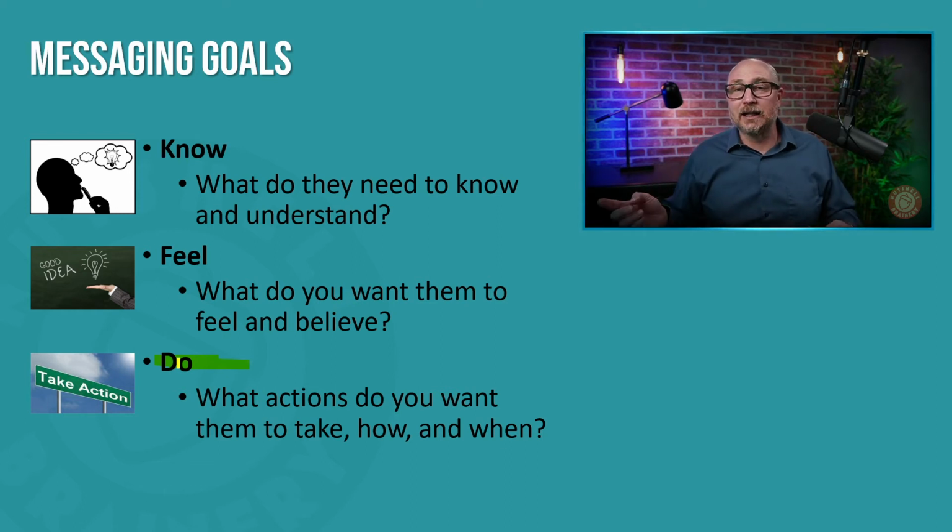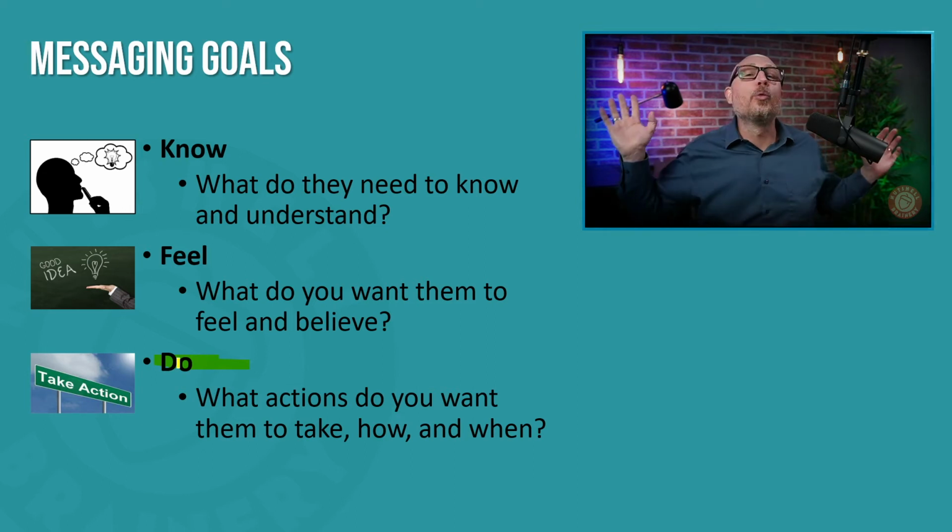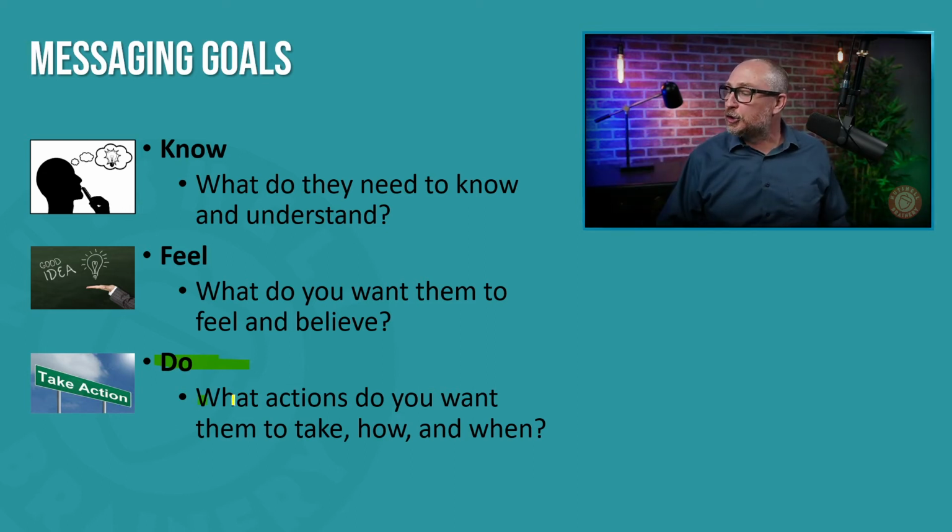Maybe you want your audience to sign up for benefits at work, go to a work party, or exercise better safety practices on the job site. What do you want your audience to do? What actions do you want them to take? How and when?